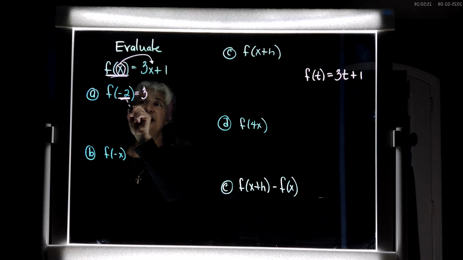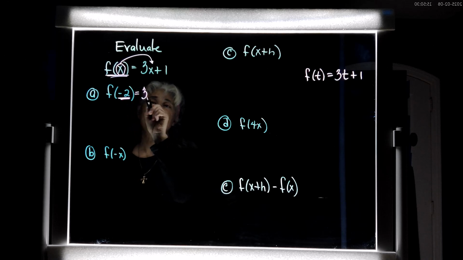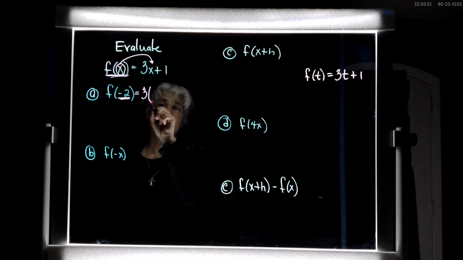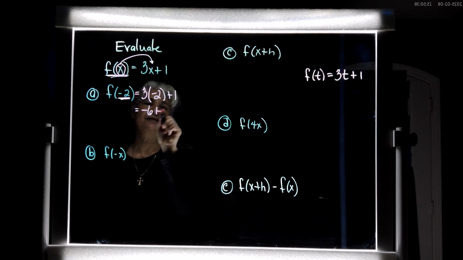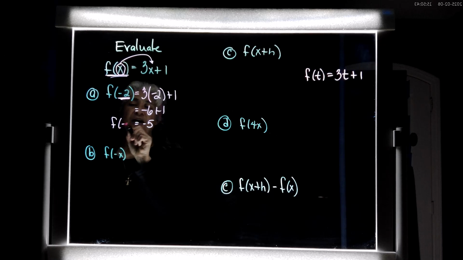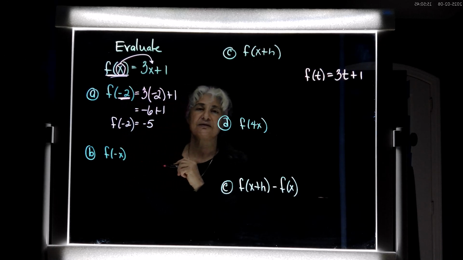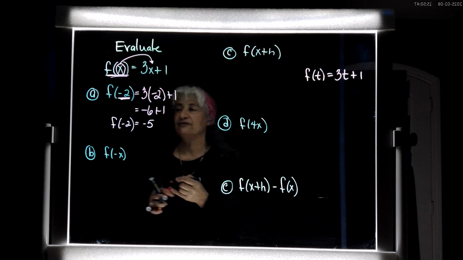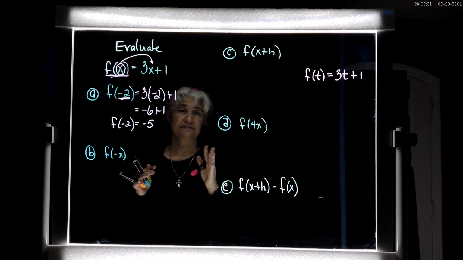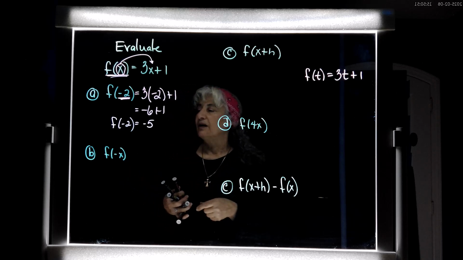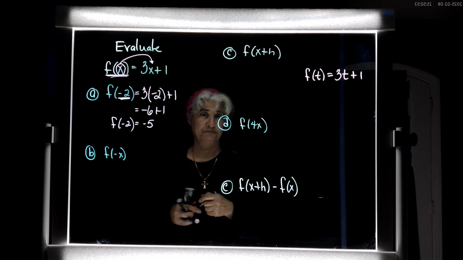So instead of f of x, f of negative 2, which means you're going to do 3 times negative 2 plus 1, excellent. And you know as well as I do, this is negative 6 plus 1, which is negative 5, right? So f of negative 2 is equal to negative 5. Good? Cool.